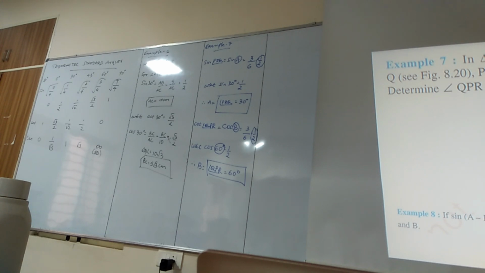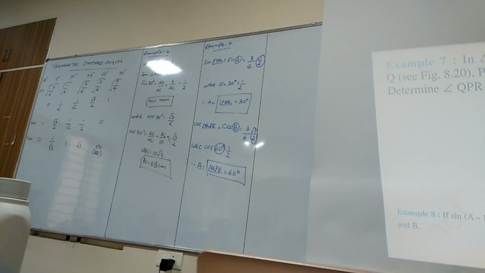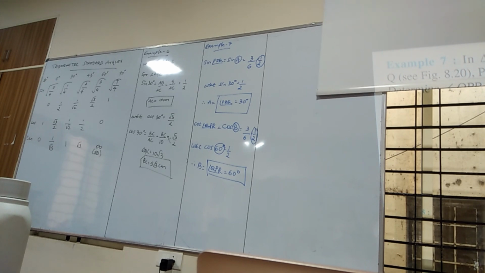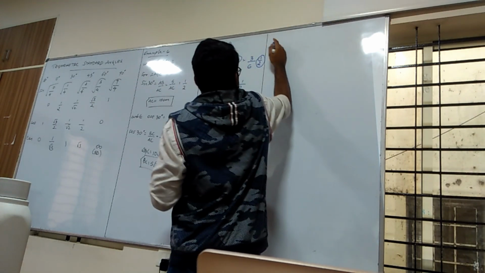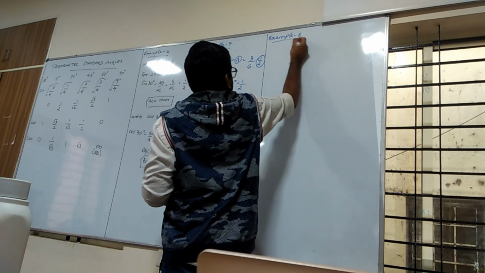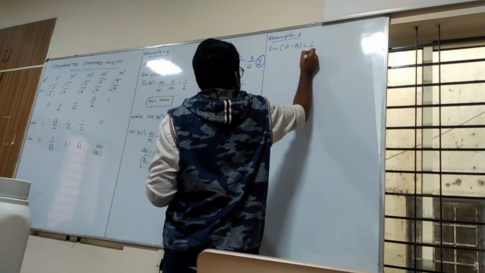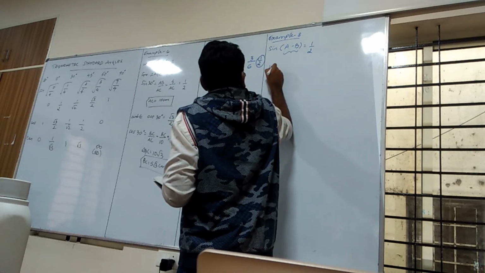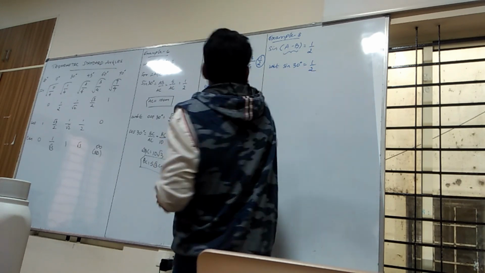Now, with the values they have given for us, they have given sine of A minus B is equal to 1 by 2. Sine of which angle is 1 by 2? We know that sine 30 degrees is equal to 1 by 2.